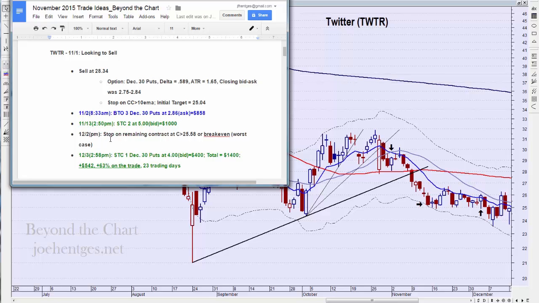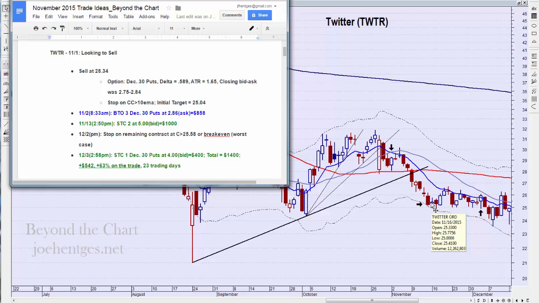Now the stop on the remaining position is, I had this break even at worst case and stop on remaining a close greater than 25.58. And why was that? Where was I doing that? 25.58.